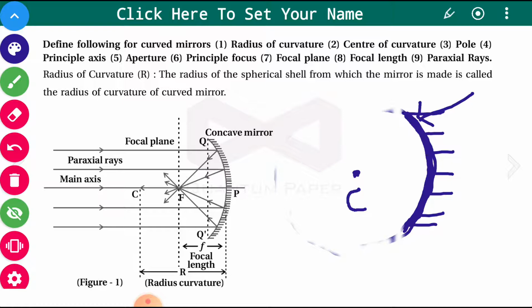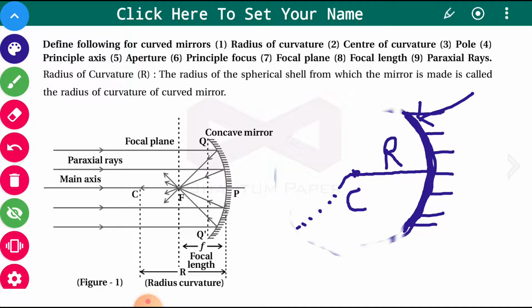Now the radius of the spherical shell, from C to this point, or the part which we have removed, had a radius up to here. So this radius of the spherical shell from which the mirror is made is called the radius of curvature, and it is always denoted by capital R.